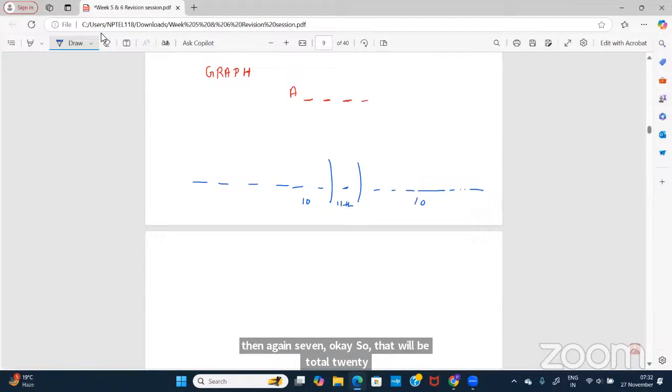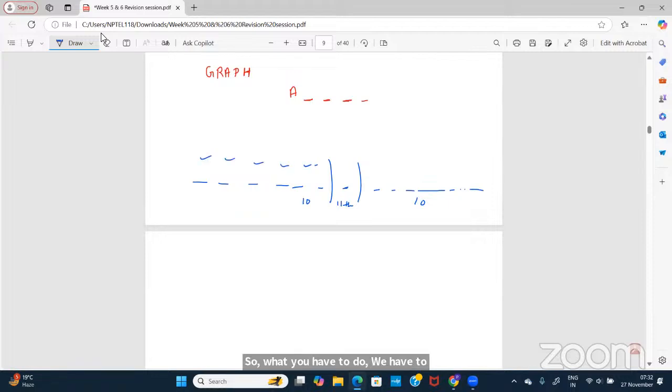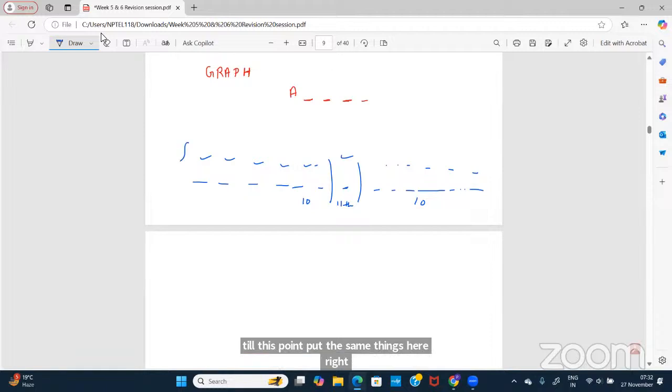Yes, ma'am. So we have to arrange things till this point, and then we will put the same things here. So we have to find the arrangement for these places, and then they will be auto-filled.